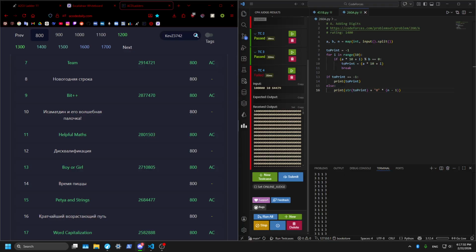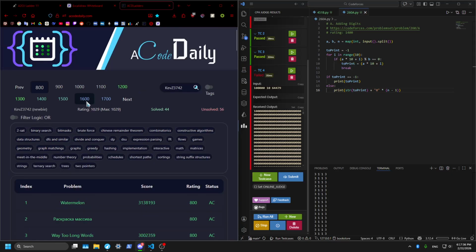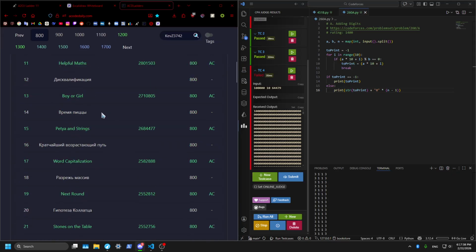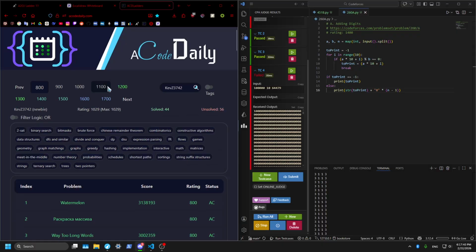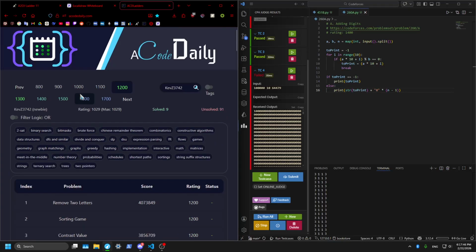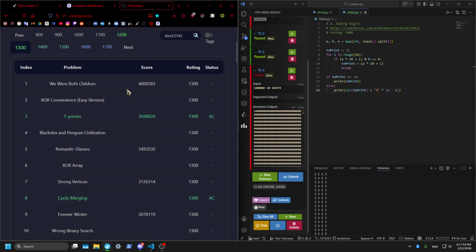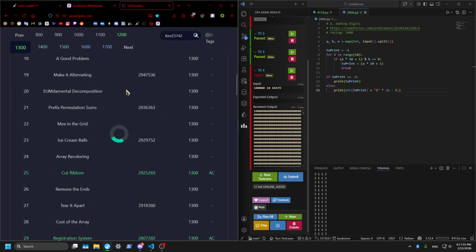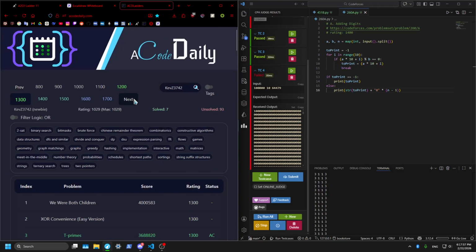Supposedly it's more up to date than the A2OJ ladders. I guess we'll start with like 1200, 1300 problems. Yeah, it looks like we've done some of these already.